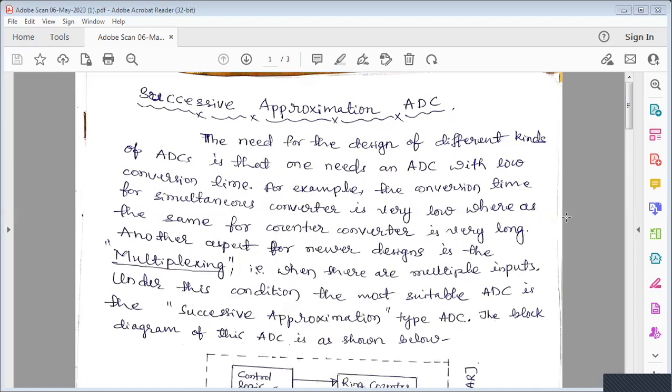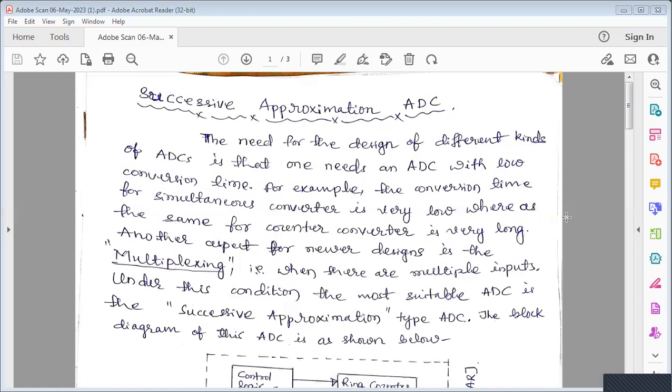For example, in the last session, I discussed that the conversion time for the simultaneous converter is very low, whereas the same for the counter converter is very long. The simultaneous converter has low conversion time, but the counter type has long or large conversion time.